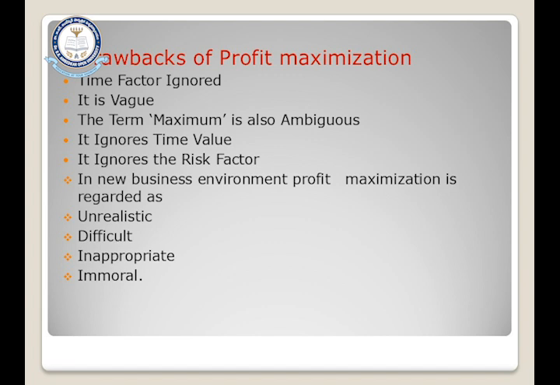It also ignores the risk factor, because as time prolongs, there is again a risk element present in the projects. And in the new business environment, or in this complex environment, maximization of profit cannot be considered, because it is unrealistic, it is difficult to define, it is inappropriate, and it is also immoral. So these are all the various drawbacks of profit maximization.